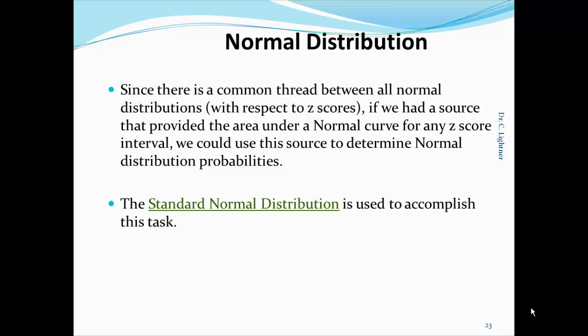Since there is a common thread between all normal distributions with respect to their z-scores, if we had a single source that provided the area under a normal curve for any z-score interval, we could use this source to determine normal probabilities. The standard normal distribution is our source that we will use to accomplish this task.